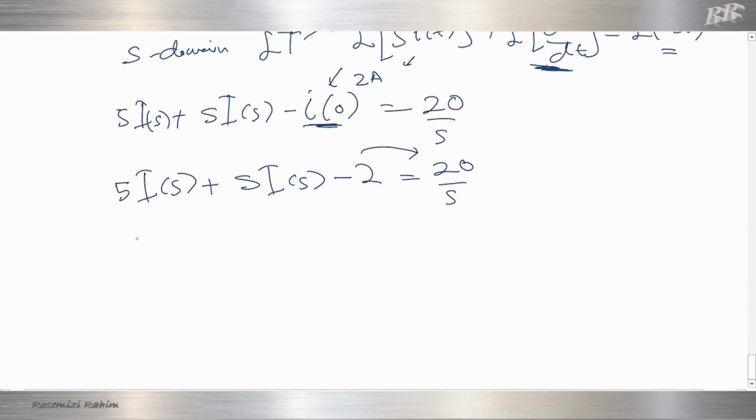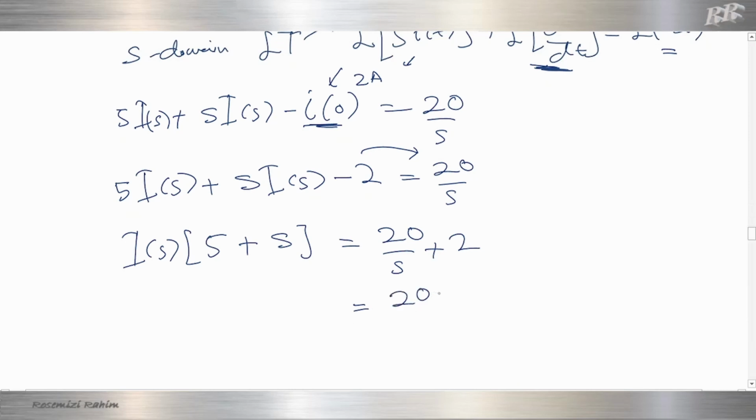Now we can simplify. I(s) times (5 plus s) is equal to 20 over s plus 2, equal to (20 plus 2s) over s.